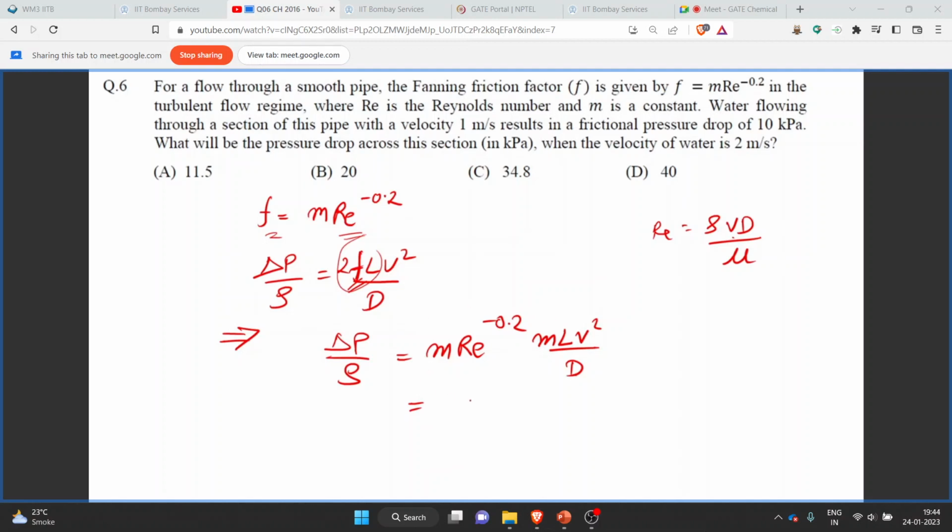So we can write this as M into (rho V D by mu) raised to minus 0.2 into 2 L V square upon D.